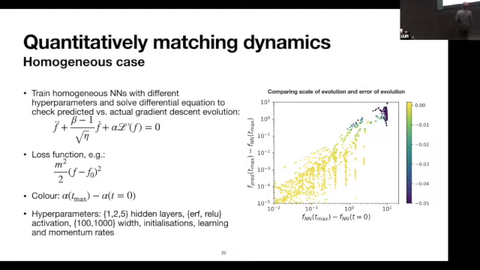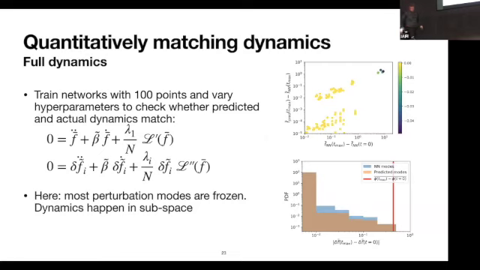What is shown in color is the one thing we will be interested in: how much does alpha change during this period? We do see that alpha changes. Alpha being the NTK, so this is the NTK at initialization, and this is at the end. You do this for a bunch of networks, and you see these results. Then we can go on to perturbations. The story will be a little more subtle in the matching, but the most dominant feature, namely that these perturbations are frozen, you can demonstrate.